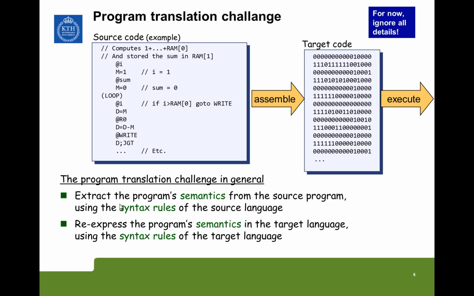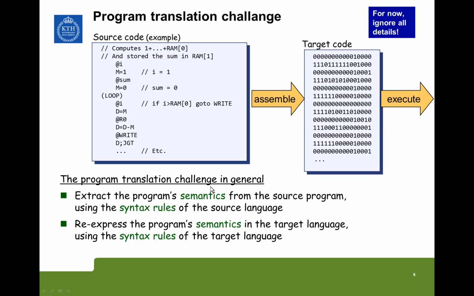The program translation challenge in general is the following. We have a source code and a target code. During translation, we should extract the program's semantics from the source program using the syntax rules of the source language.